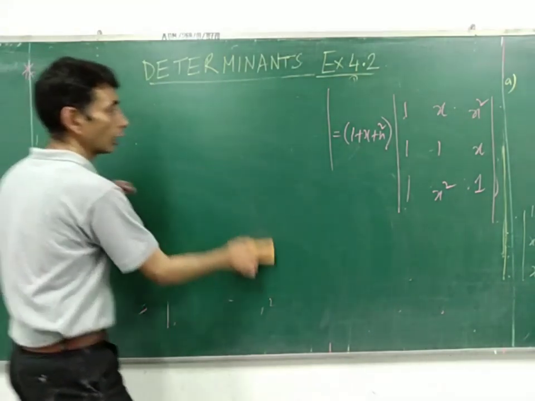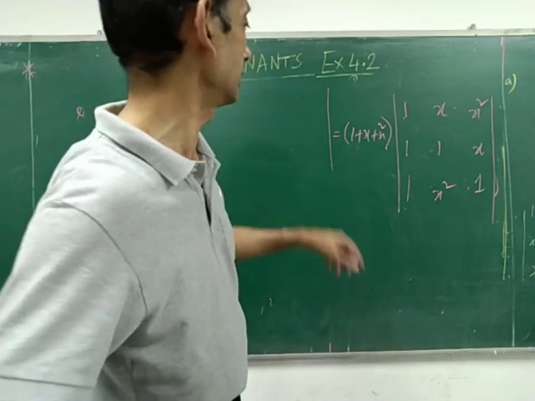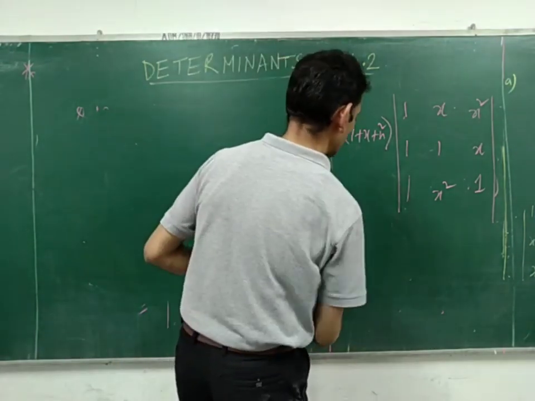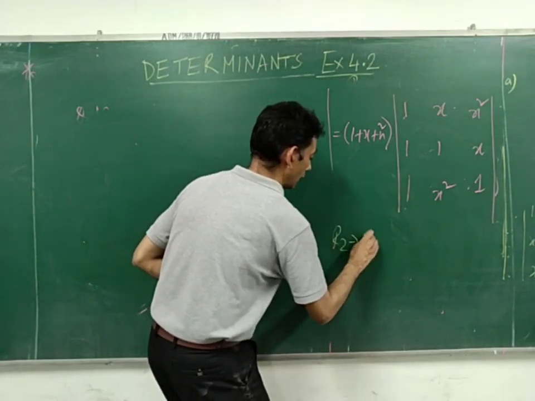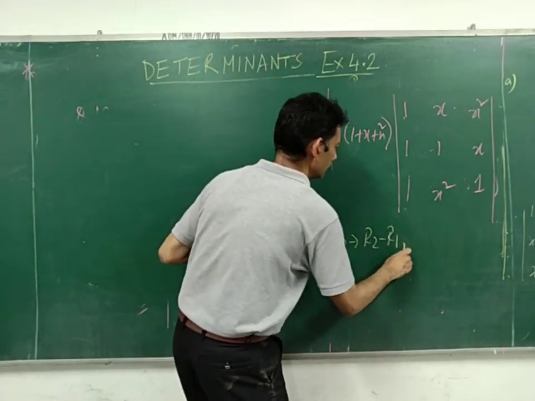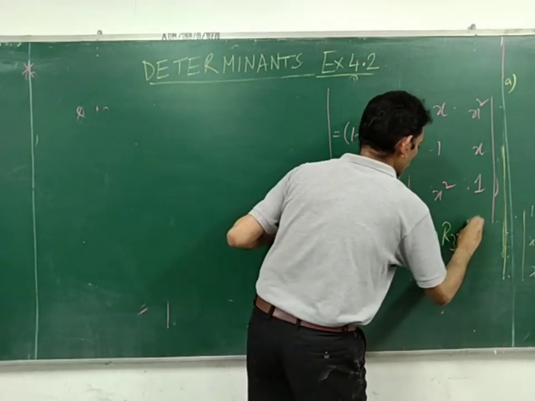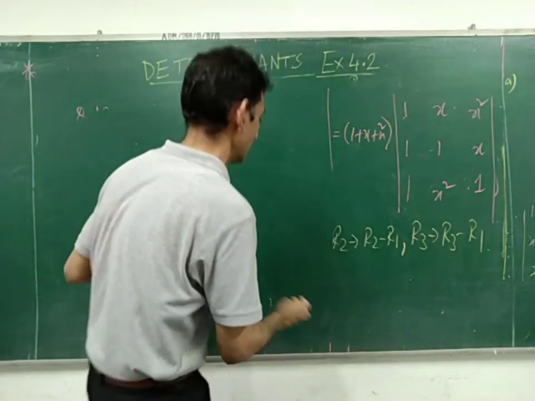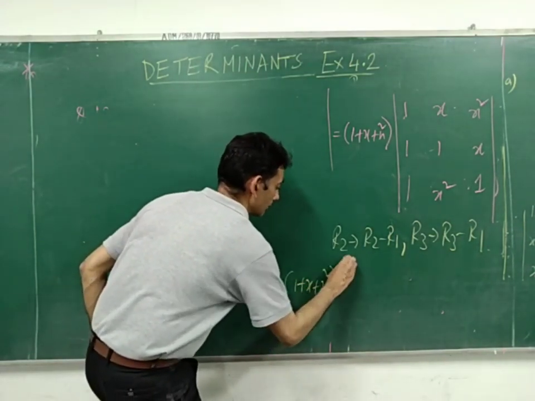Next, we are going to follow a very common step. We are going to make the entries in column 1 as 1, 0, 0. That means the second and third entries we will make 0. Can you do that? For that we are going to use the operations R2 minus R1, then R3 minus R1. This is a very common step. So 1 plus x plus x squared is there.